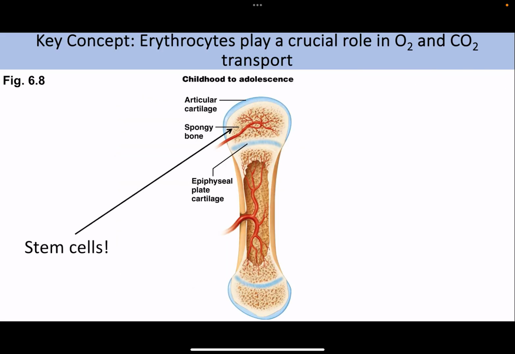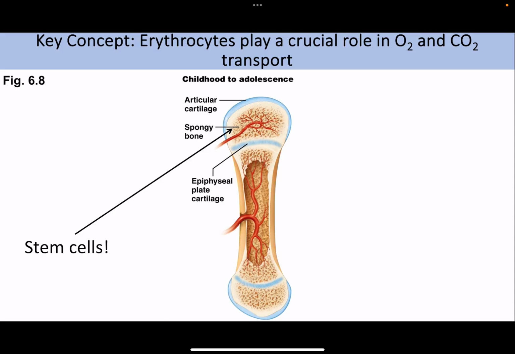So hematopoiesis occurs at the epiphyses of our long bones. The reason why is because at those epiphyses we have stem cells. And remember, you talked about cell differentiation in Bio 32. Stem cells have not differentiated yet. So stem cells can become any one type of blood cell.